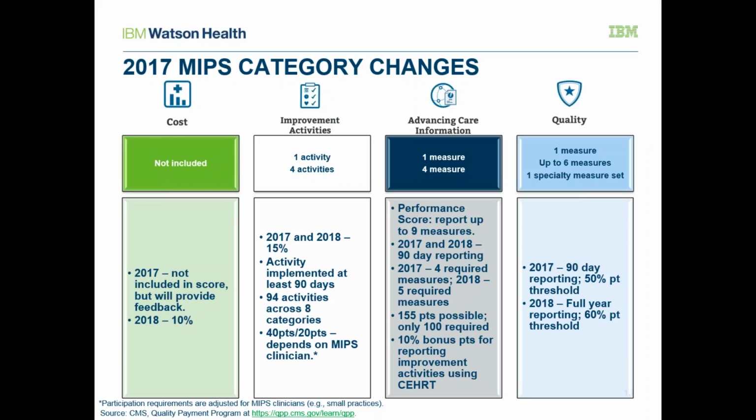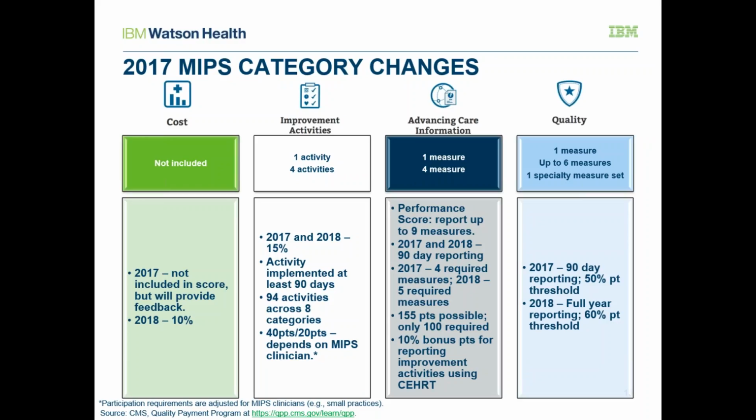The activities span about 94 activities over 8 categories that are listed in the final rule. And of course, 40 points or 20 points will depend on how MIPS clinicians decide for reporting activities. So depending on whether or not you're a group of 16 or higher, you'll have to report so many activities versus if you're smaller. I'll dig into those in another slide.